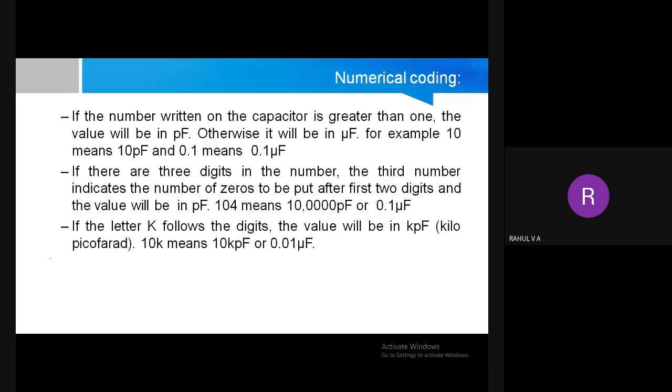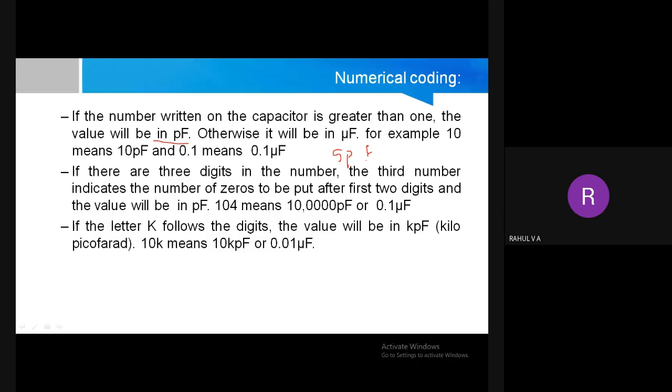Now there are 5 rules which you have to follow for reading the capacitor value. The first rule is if the number written on the capacitor is greater than 1, then the value is in picofarad. So whenever you see some value, say 5, it means 5 picofarad.